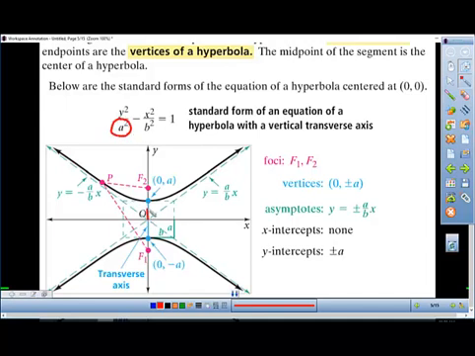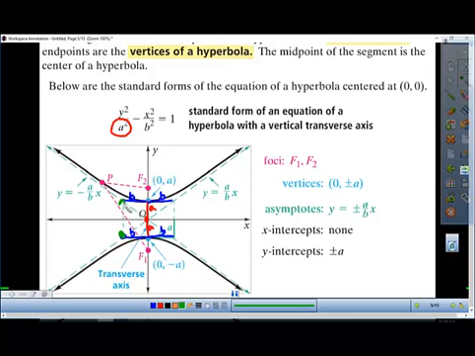I'm going to be going up the square root of that, which would be a, and then I'm going to be going over to the right b. On the same thing, I'm going down from the center a, and then I'm going over to the right b, over to the left b. Okay, and then once I have these four points, so here I'll make it in green.